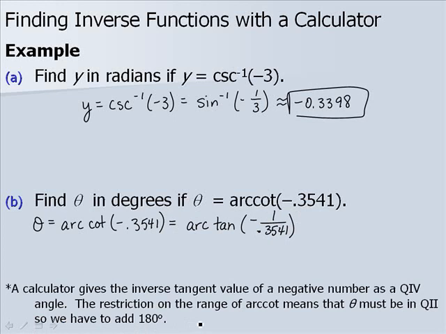Take note that a calculator will give the inverse tangent function of a negative number as a quadrant 4 angle, but the restriction on the range of arc cotangent means that theta must be in quadrant 2, so we have to add 180 degrees here when we take the arc tangent of our reciprocal.